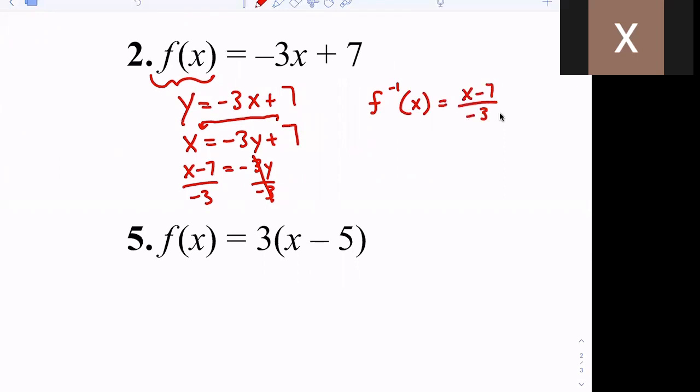Really, really simple. You already put y and then put f in there. I don't care how you do it. I just want you to know the symbolism for inverse.